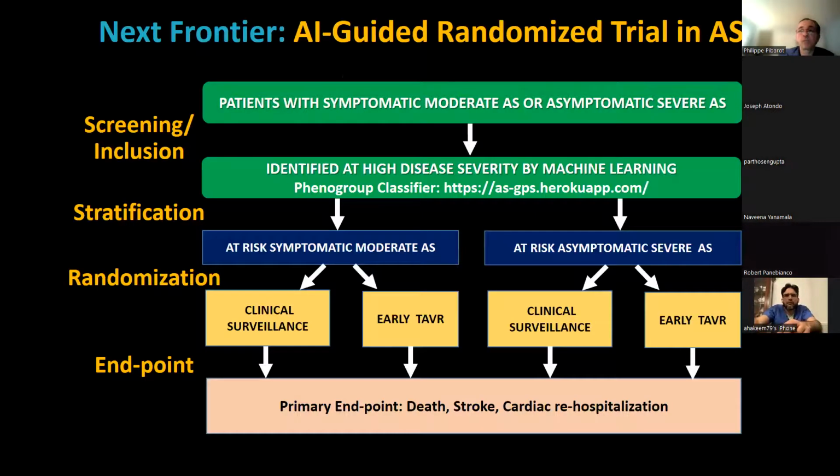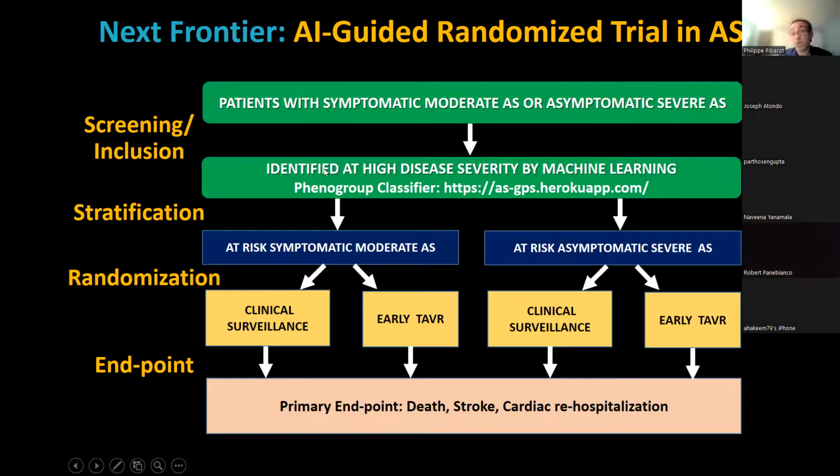And this brings me to my last slide, to say, maybe we are close to a time where we'll see a randomized trial, such as the EARLY TAVR, the EXPAND and the PROGRESS trials, where the inclusion and screening will be based on the presence of a high-risk profile or high-risk phenogroup defined by artificial intelligence.